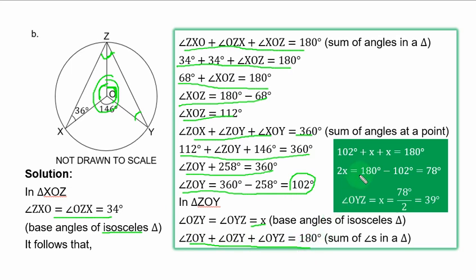So the two base angles, you have S, S, angle ZOY 102. So you have 2S equal to 180 minus 102. That is 78 degrees. Divide both sides by 2. So angle OYZ, that is equal to S, is equal to 39 degrees.